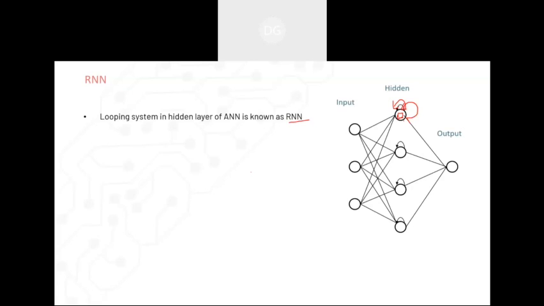That n we will call the time step. We will specify some time step, this many times you try to run your code. I'm saying 10 times: first it will get some output, that output will be passed as input, and like that 10 times it will repeat the process. Then only that output will be passed to our next layer or the output layer.